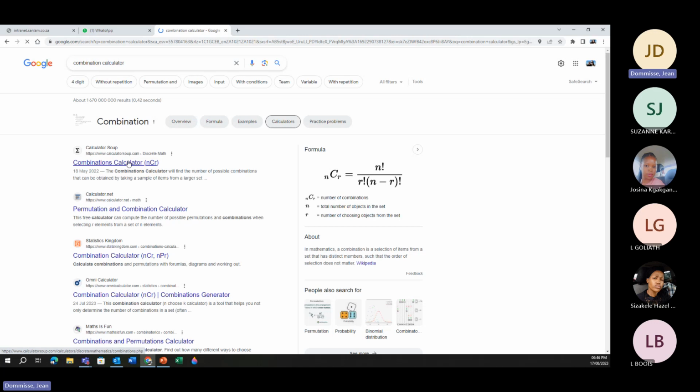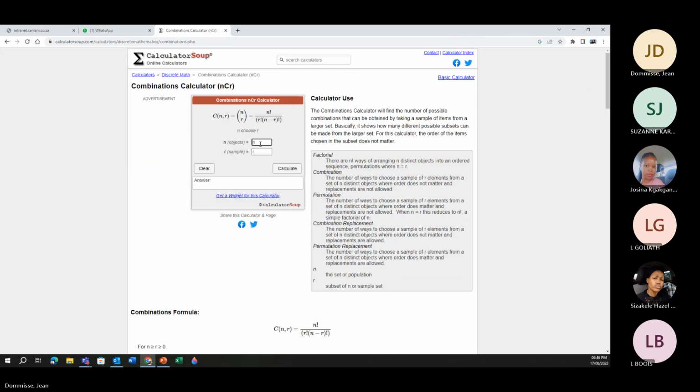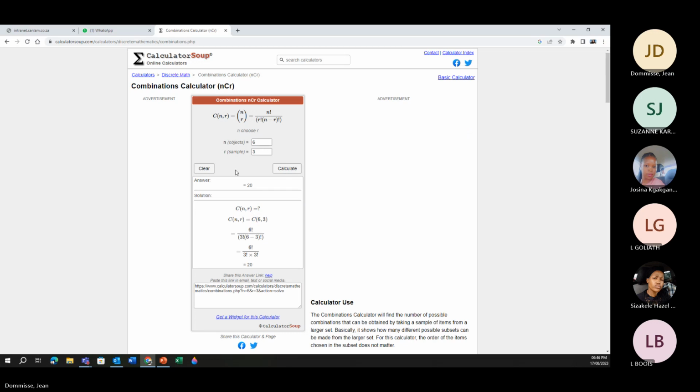Let's do a combination calculator. Again, 6 and 3. And you can see it also gives you the process, and it was 20. So the permutation was 120, the combination was 20. So the permutation will always be bigger.